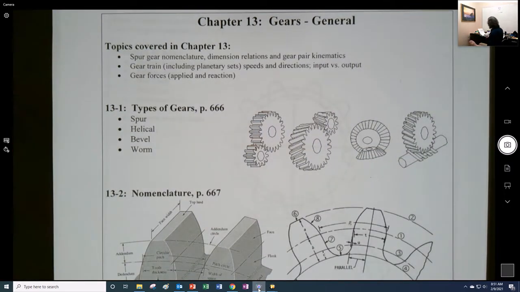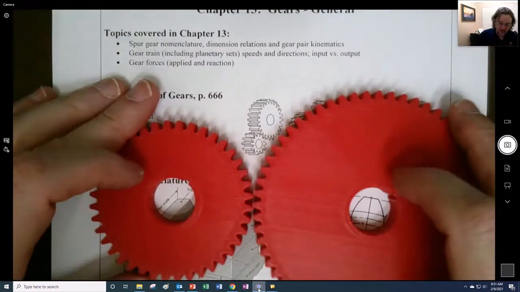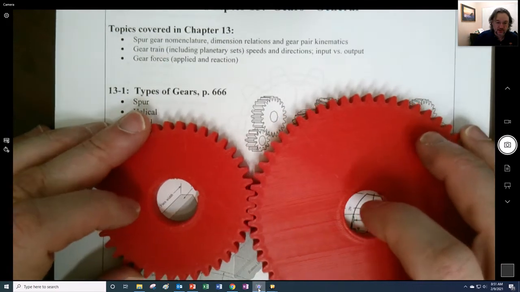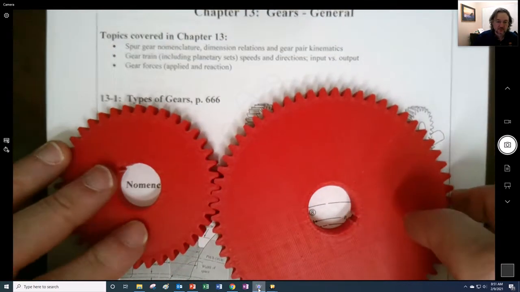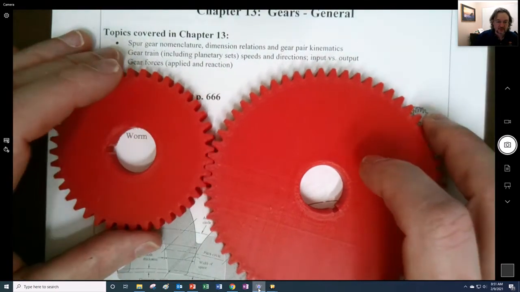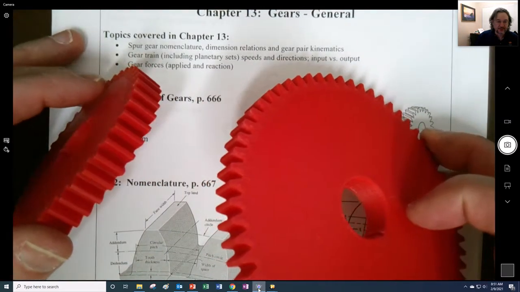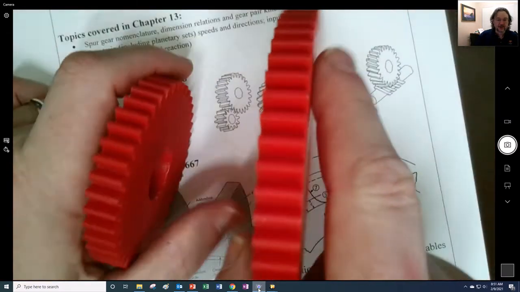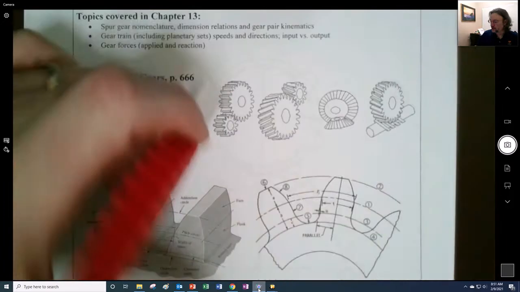Possibly the best way to explain this is to take a look at 2 different examples, and you can compare and contrast. These are spur gears, right? They come straight out, and you can see their interaction between each other. When you look down at them, they're going straight across.